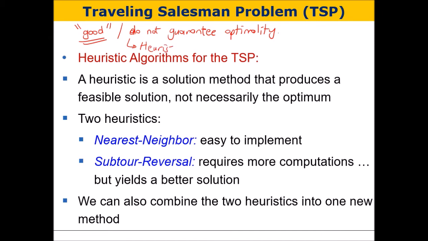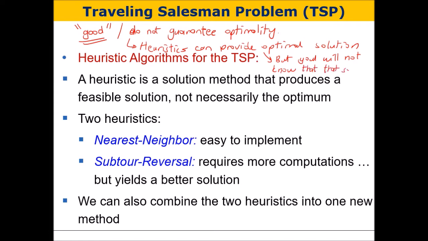Heuristics can provide an optimal solution, but you do not know if that solution is optimal or not.